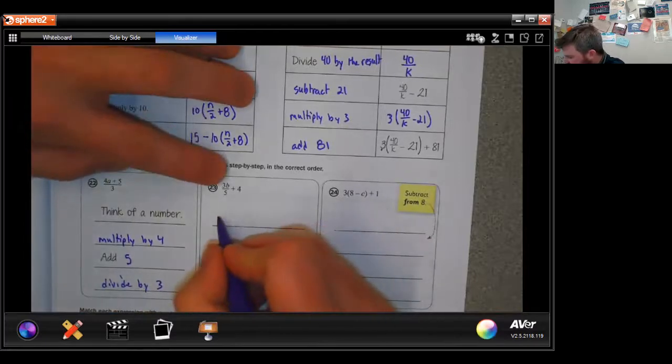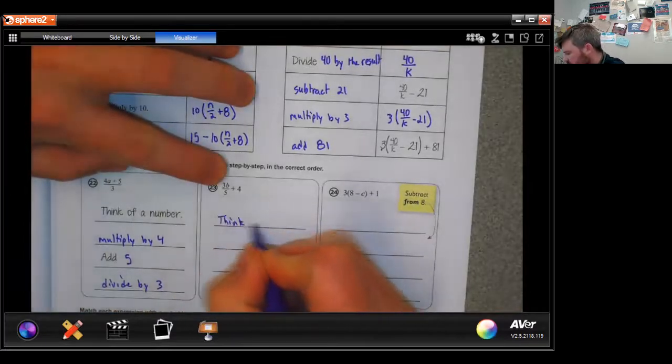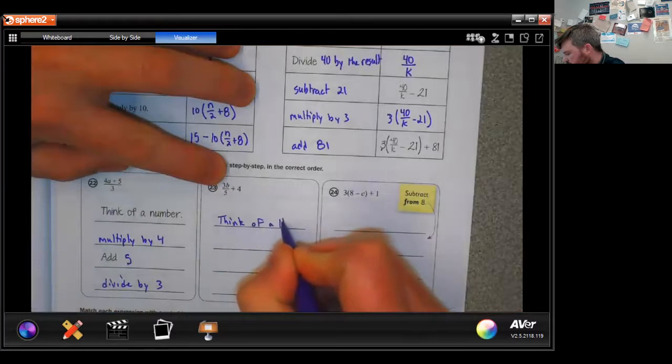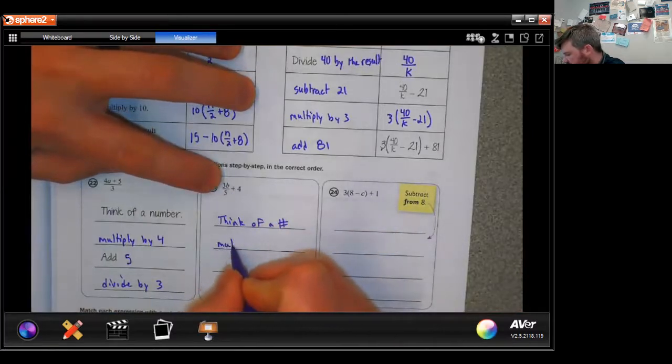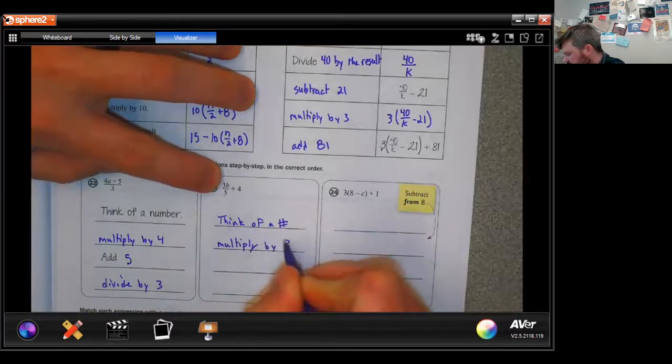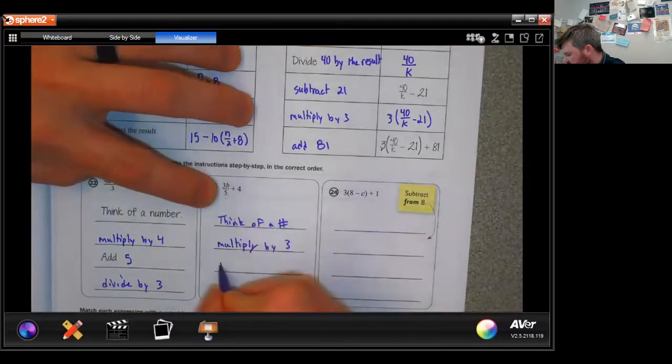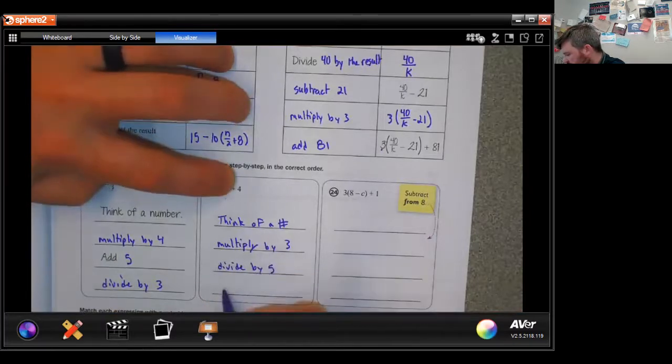Okay, here we're going to think of a number. Multiply it by 3. Divide that by 5. And then add 4.